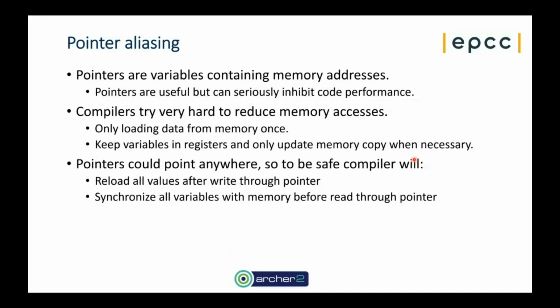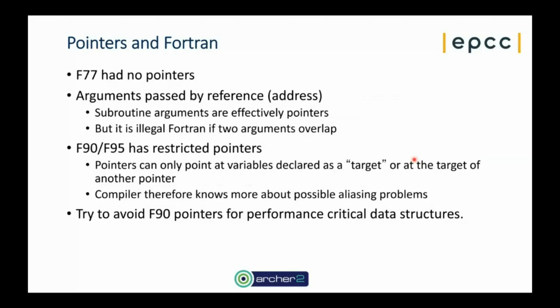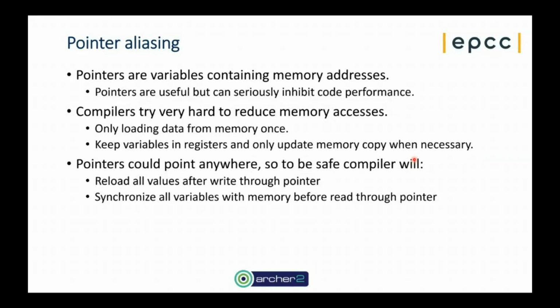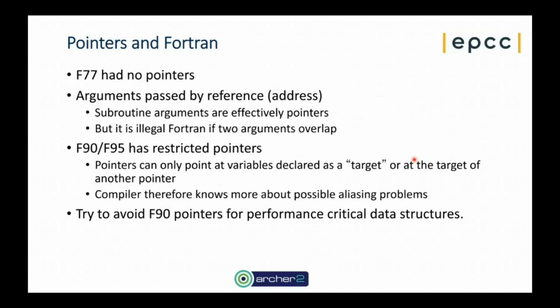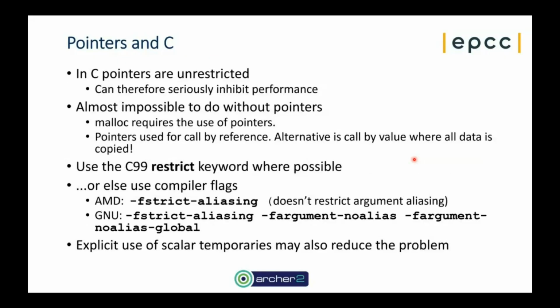As we looked at in the vectorization session, for performance, this idea of pointer aliasing is bad, and we saw that yesterday. In C, we can use the restrict keyword to help it out. In Fortran, there aren't as many pointers, but you can have pointers in Fortran. So again, if you can try and avoid using pointers in performance critical parts of code, that can be helpful.